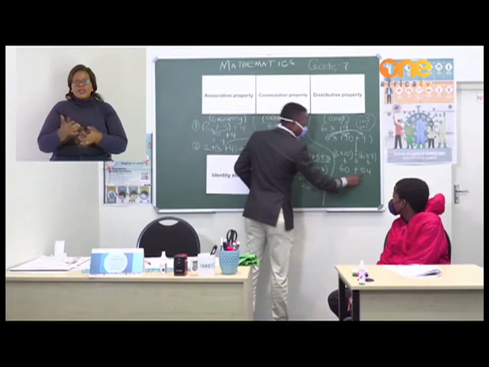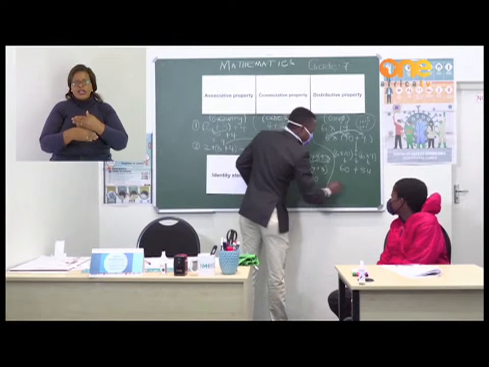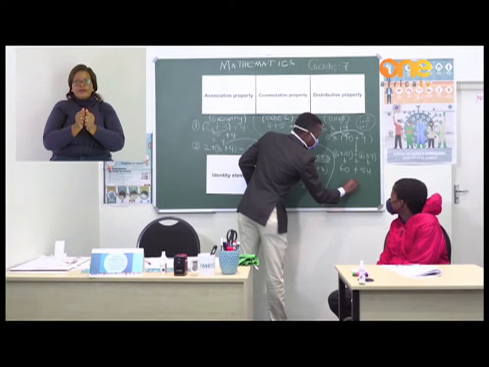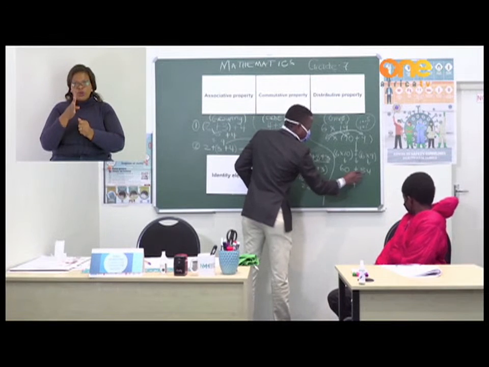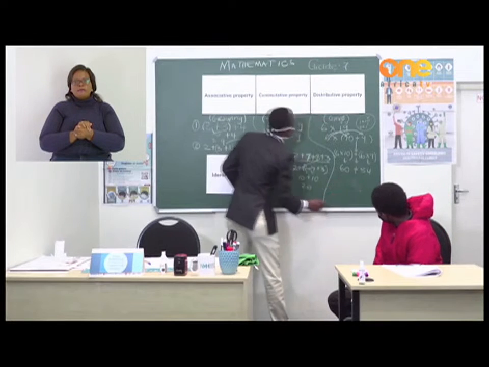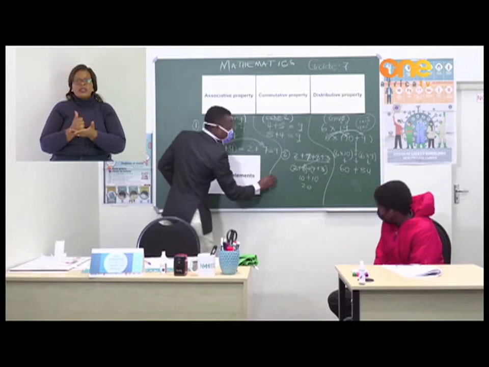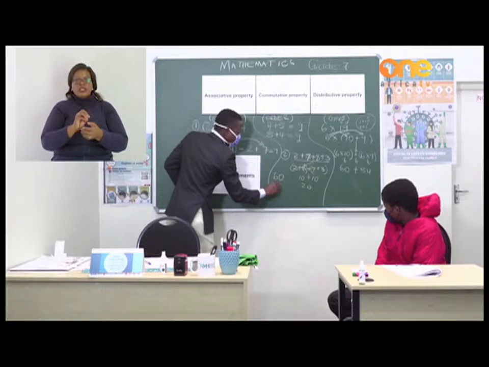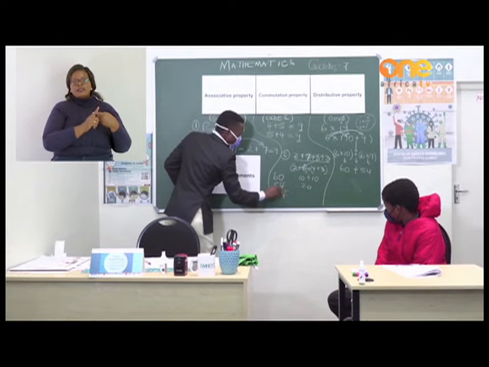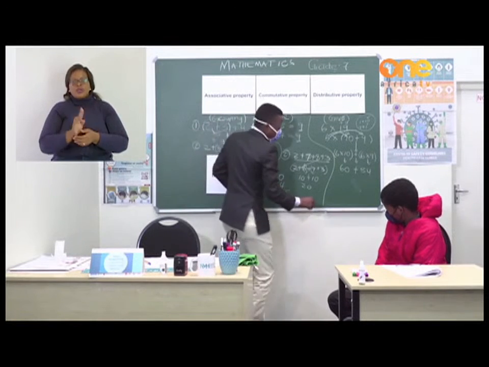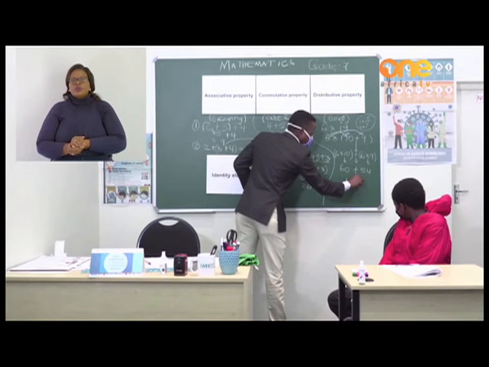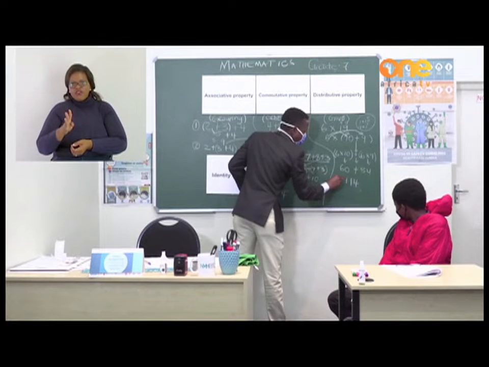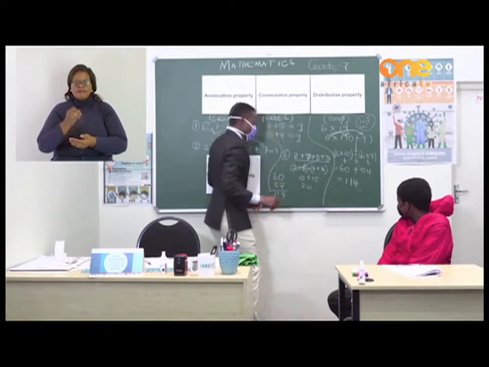And then to add these, you have 4, and then we just do it somewhere here. 60 plus 54, you have 4, you have 11. And then you have 114 as your final answer.